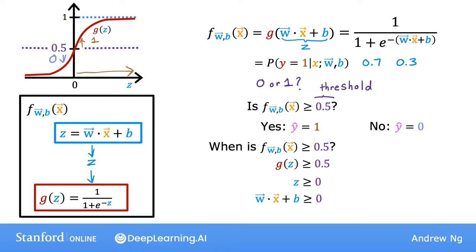So to recap, what you've seen here is that the model predicts 1 whenever w dot x plus b is greater than or equal to 0. And conversely, when w dot x plus b is less than 0, the algorithm predicts y is 0. So given this, let's now visualize how the model makes predictions.